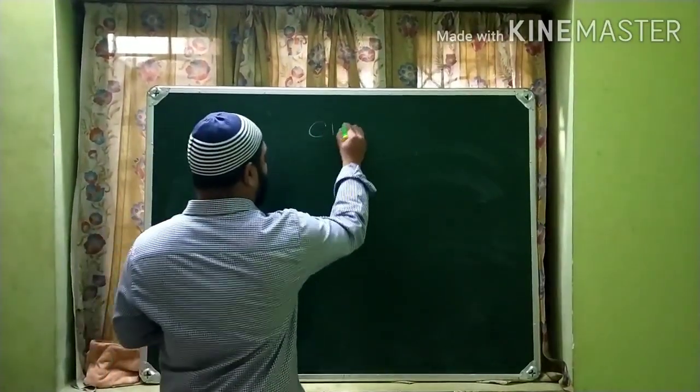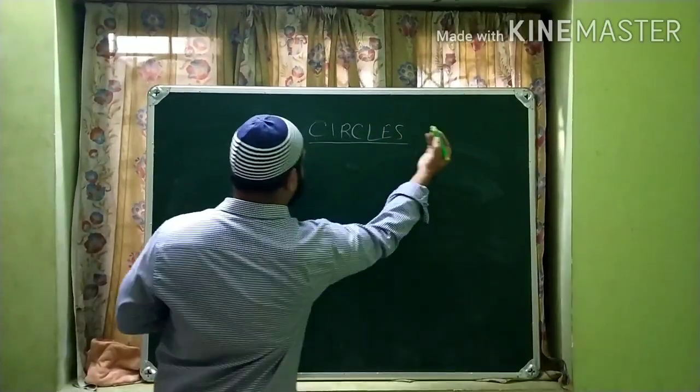So, circles chapter. What is the definition?